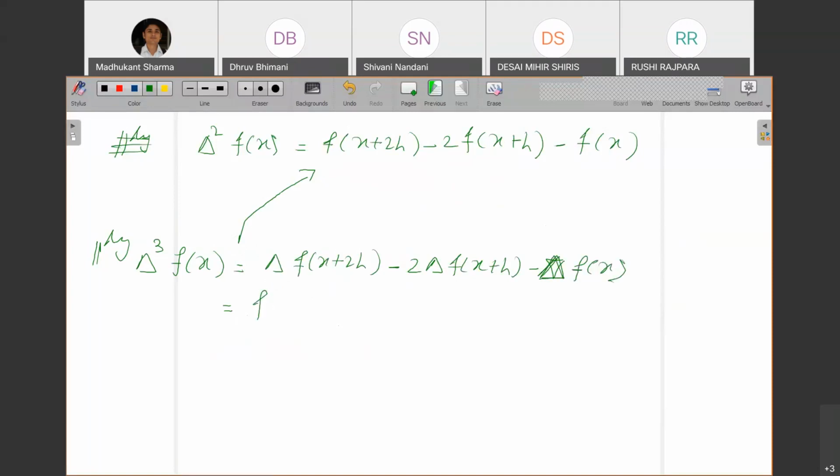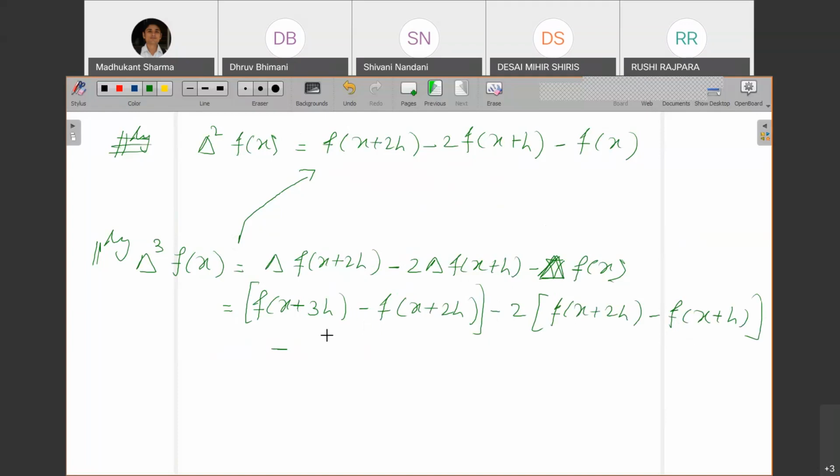That is f of x plus 3h minus f of x plus 2h, minus 2 times f of x plus 2h minus f of x plus h, plus delta f of x, which is f of x plus h minus f of x.